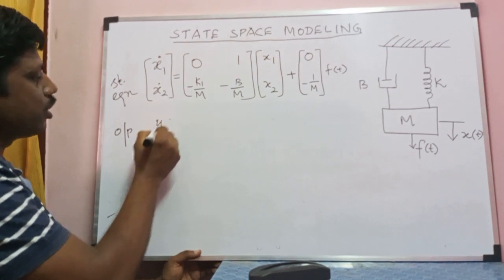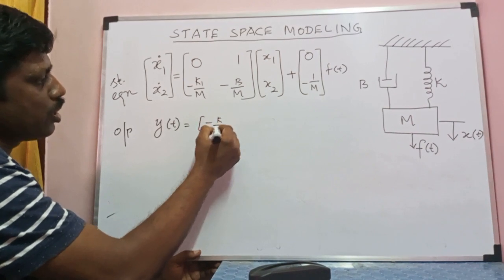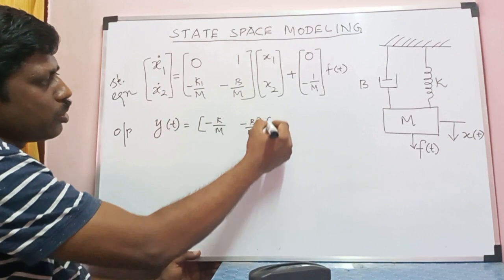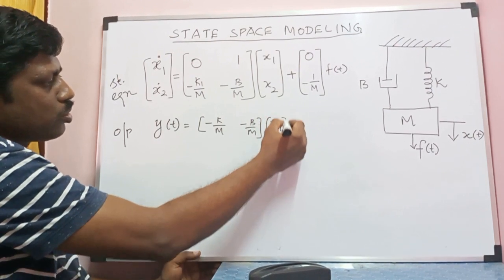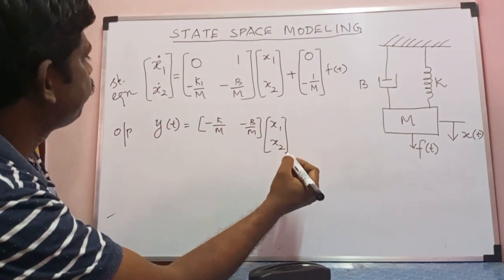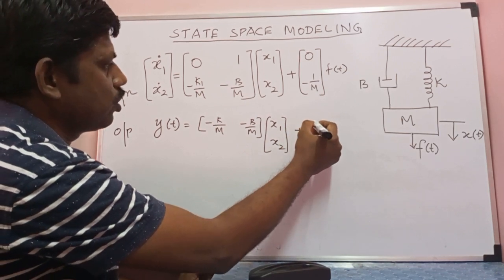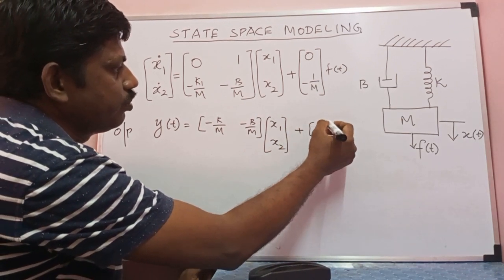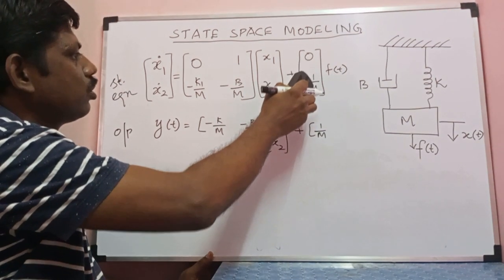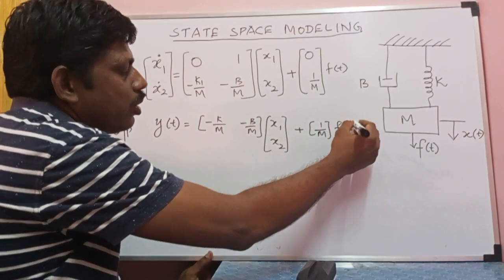I will write it as y of t is equal to minus k by m, minus b by m, into x1, x2, okay, plus 1 by m f of t.